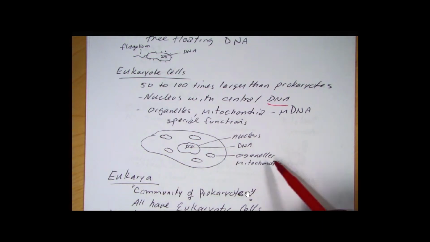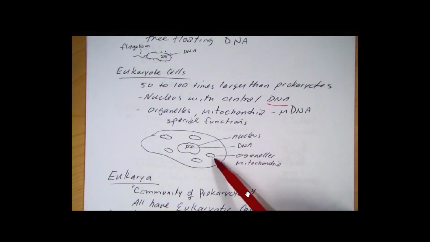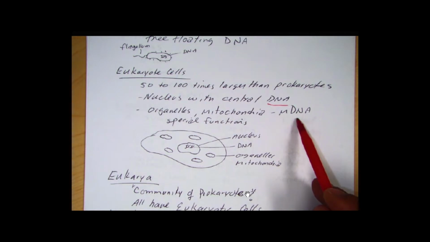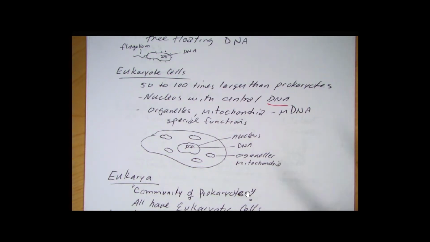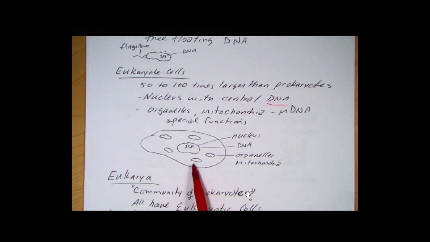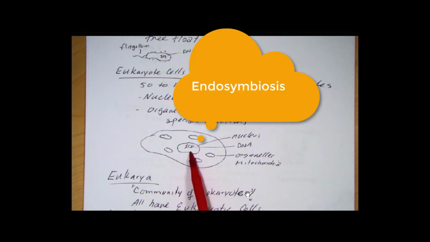But these mitochondria, in the 1970s it was discovered that they also have their own DNA. In fact, they call it mitochondrial DNA or mDNA, which leads scientists to conclude that maybe, to make these more complex eukaryotic cells, a community of simple prokaryotes got together, making one the central DNA, central nucleus, and they got together in a symbiotic relationship, right?